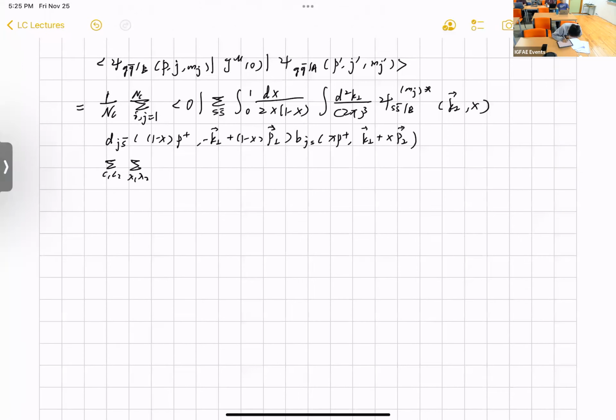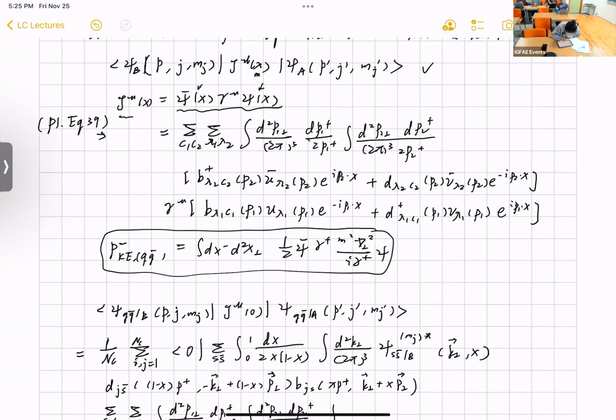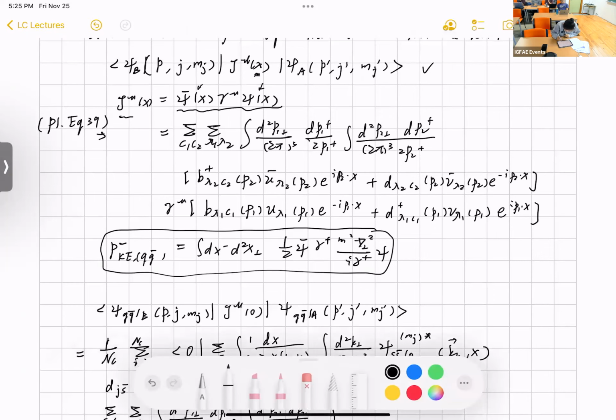The purpose of writing this out explicitly is to see how we can contract the creation and annihilation operators and to see the corresponding physical process. There are too many indices here for those creation and annihilation operators for the G mu, so let us use some shorthand notation.